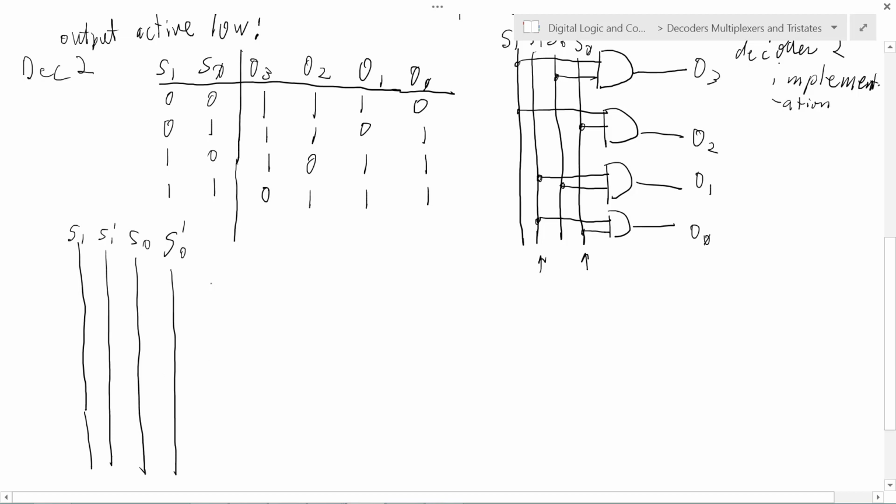For the active low implementation, we use 4 NAND gates. This is for the decoder 2. For decoder 3, you would use 2 to the power of 3 NAND gates. For decoder 4, 2 to the power of 4 NAND gates, or 16 NAND gates. So the pattern holds. So this would be O3, O2, O1, and O0, respectively.